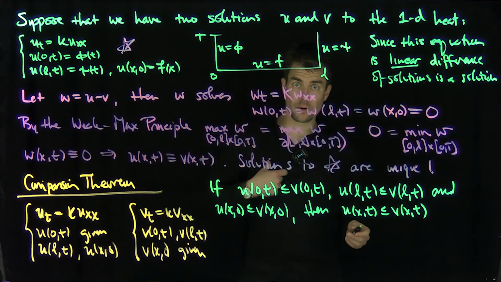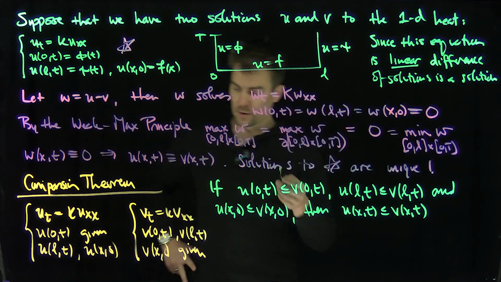In other words, u minus v is always non-positive. Good. So we can do the same thing over here now.